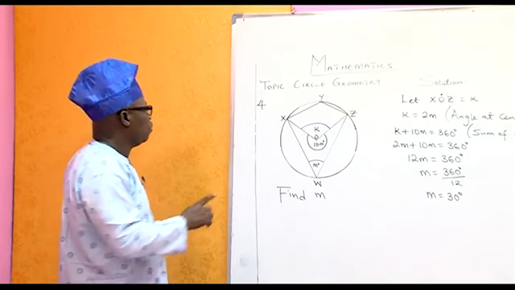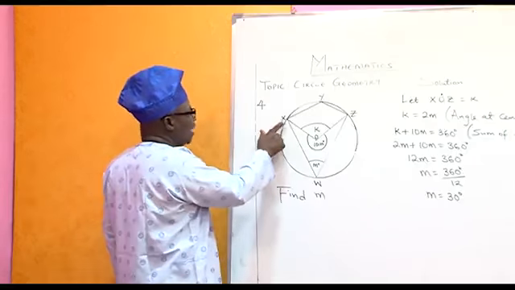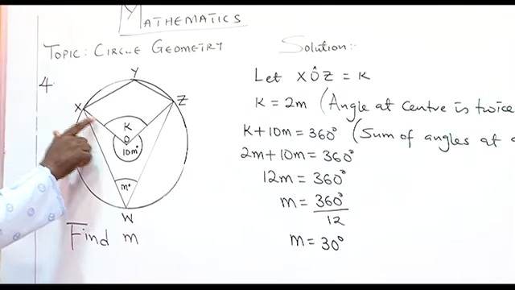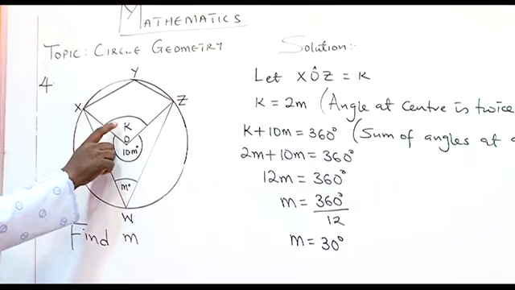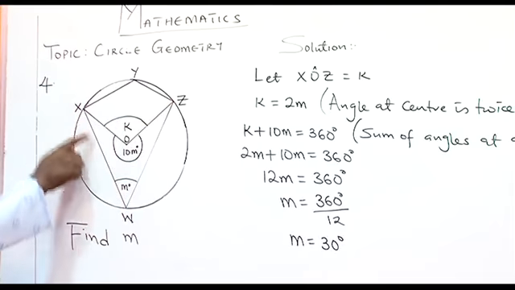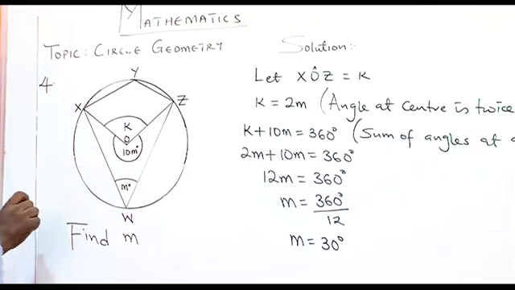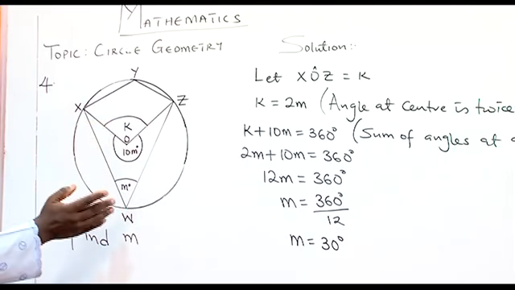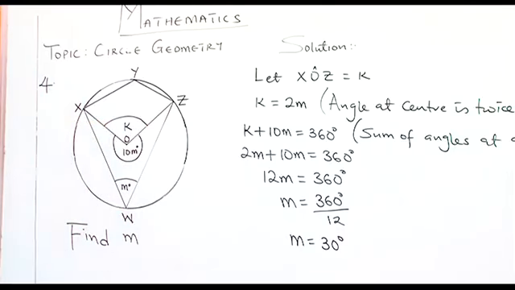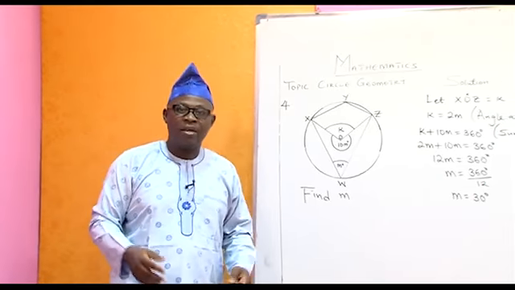What we focus upon is to look at the angle which an arc of a circle subtends at the center and the angle which that same arc subtends at the circumference. The relationship between the two of them is that the one at the center is twice the one at the circumference.